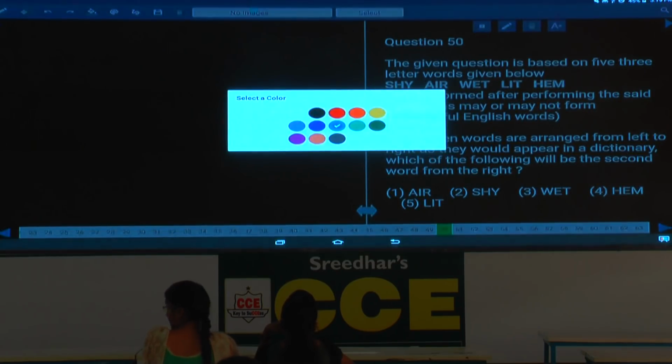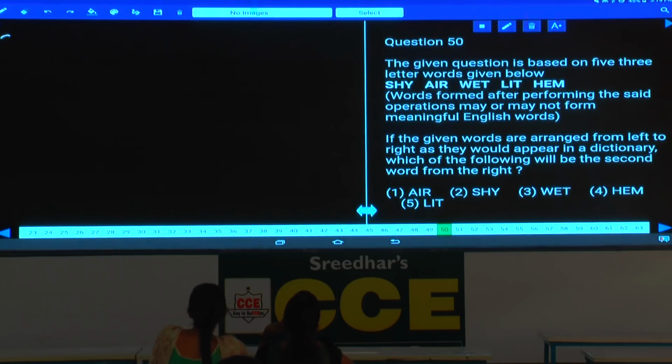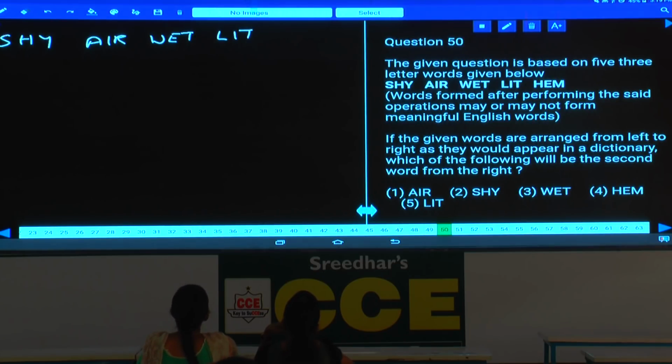The words which are given are SHY, AIR, and next one WET, and LIT, and finally HEM. Hence, in total how many words? There are 5 words. If the given words are arranged from left to right as they would appear in a dictionary, that means alphabetical order.